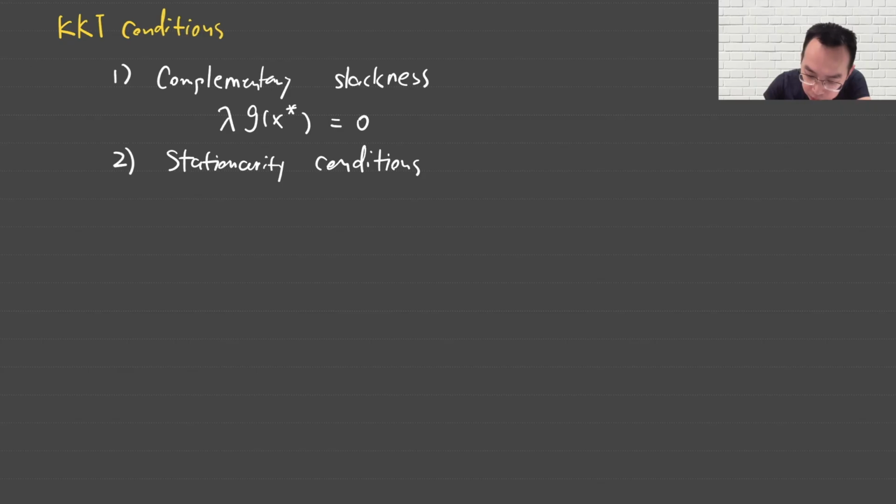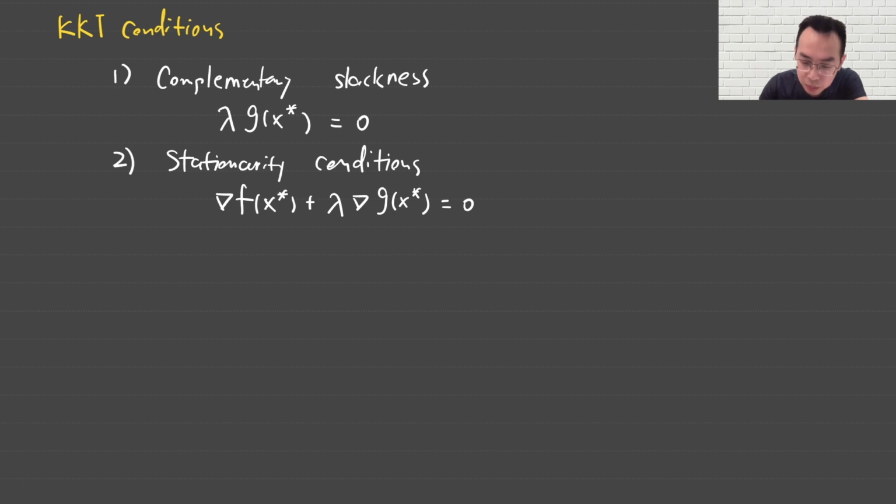So we have this second one. The second one is just going to be the same as the Lagrangian multiplier plus lambda equals to zero, right? Let's combine these two conditions together to see what it means. For the complementary slackness, you see that there are really two cases, right? Case one is lambda equals to zero.